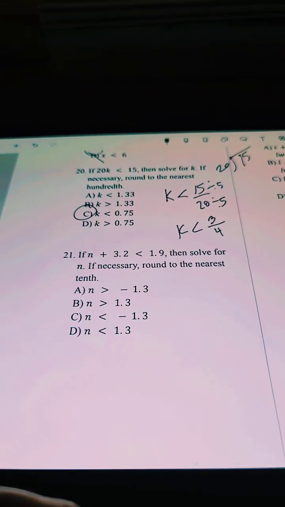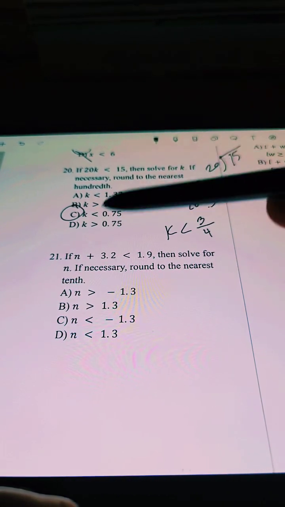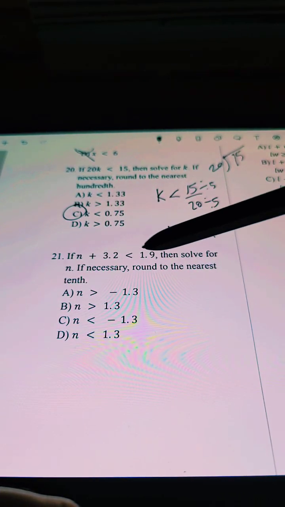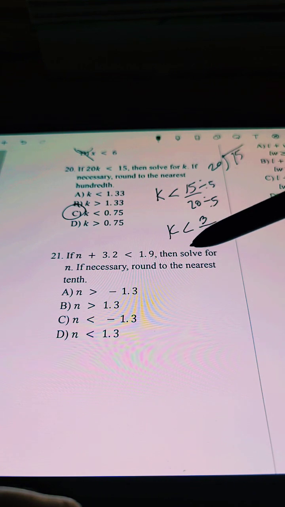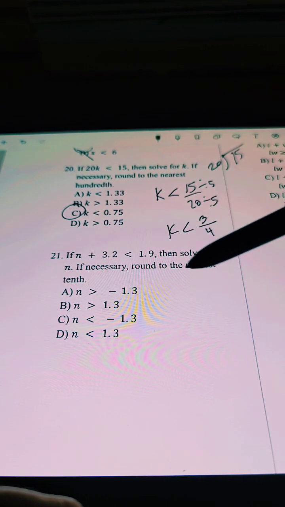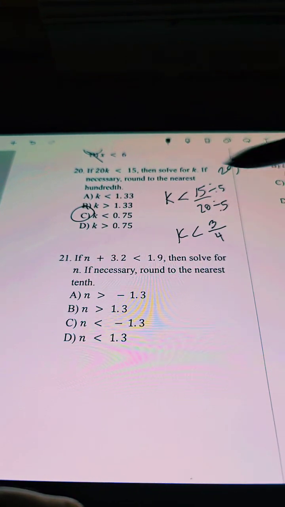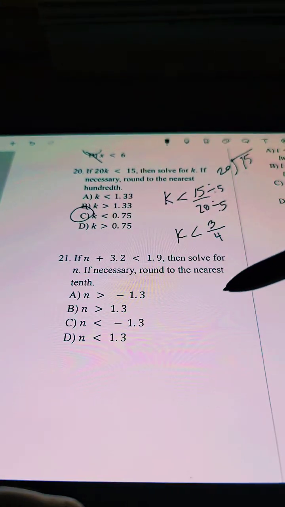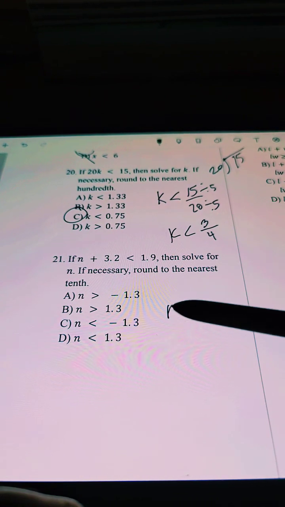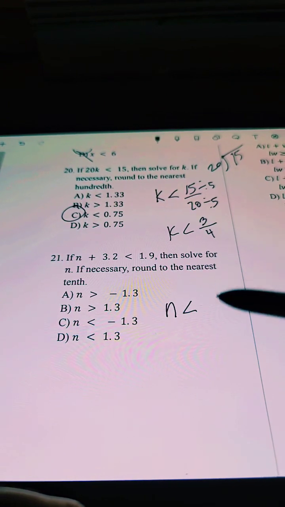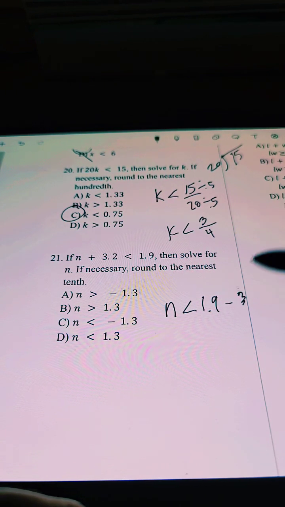So let's keep going to number 21. If n plus 3.2 is less than 1.9, then solve for n. If necessary, round to the nearest tenth. So again, just like with an equal sign, we're going to subtract 3.2 from each side to get n by itself. So I'm going to have n is less than 1.9 minus 3.2.